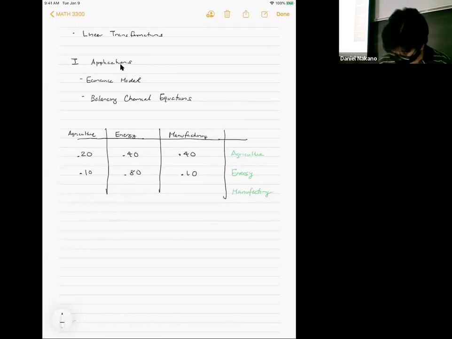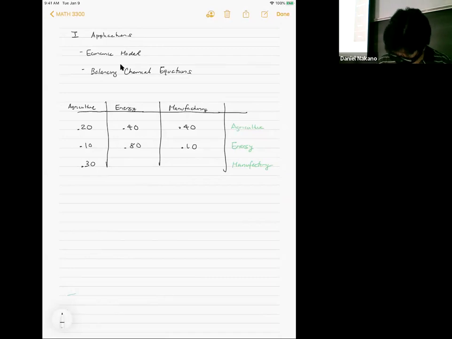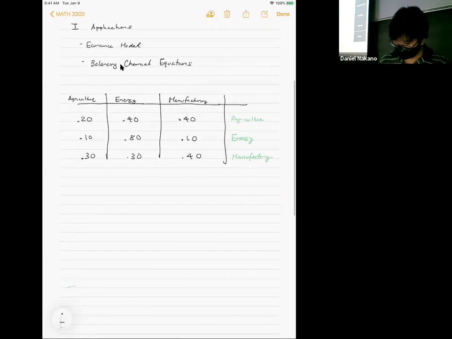And manufacturing will give 30% to agriculture, another 30% to energy, and 40% to manufacturing.